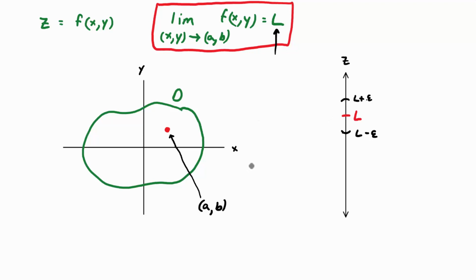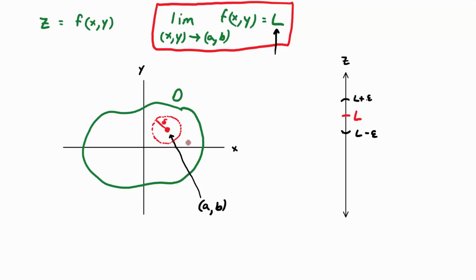So then, can I create an interval here? No. A delta interval won't work here, but I can create a disk, a delta disk around (a, b). In other words, I'll surround (a, b) with an open disk of radius delta. So this radius right here is delta.